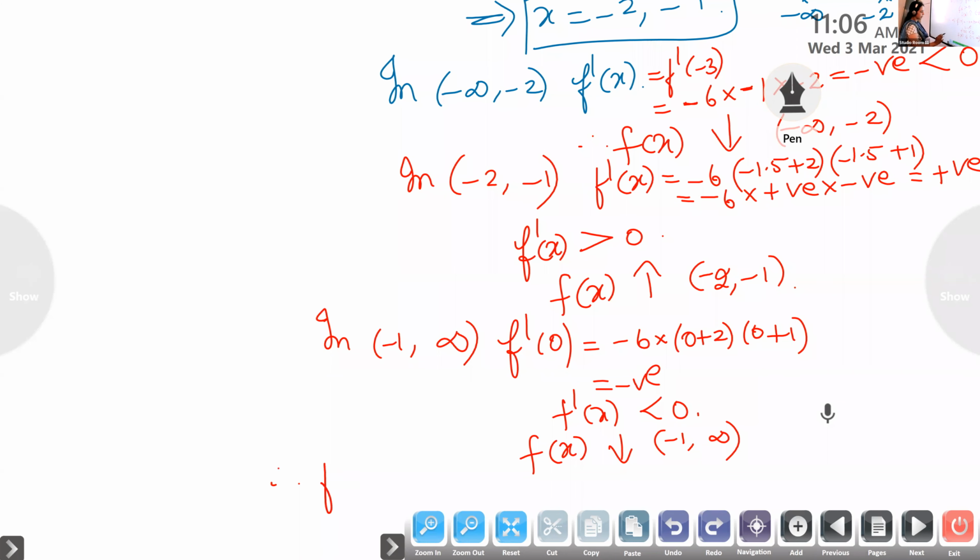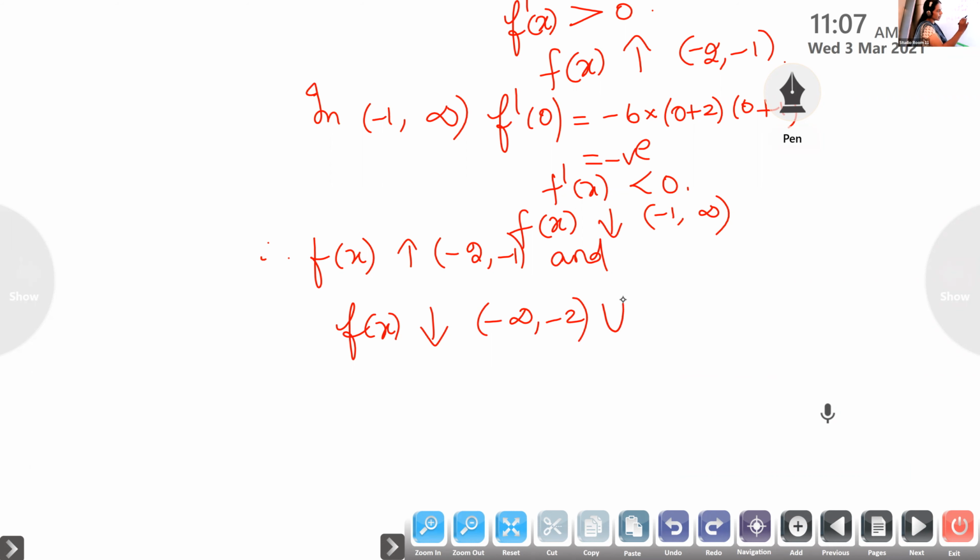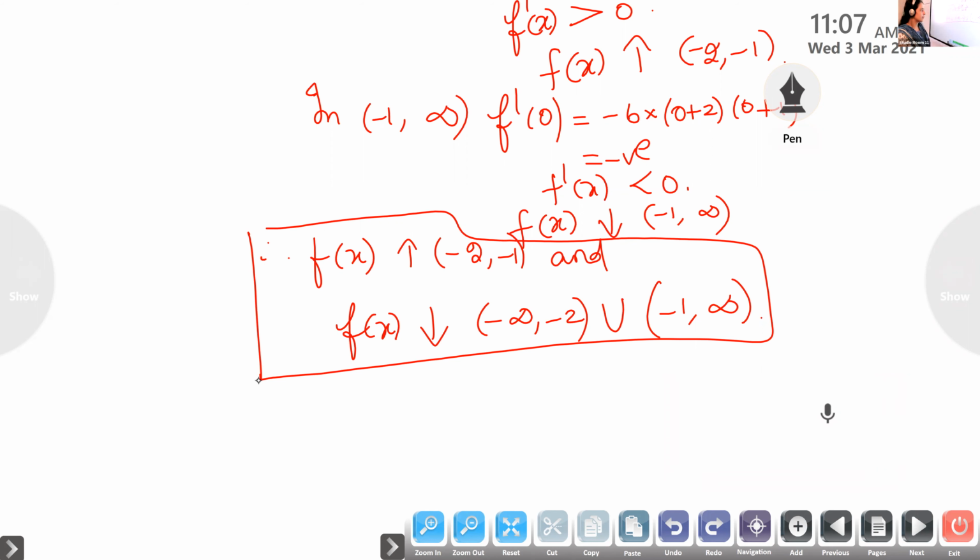So combining this, we can write f of x increases in the interval minus 2 to minus 1 and f of x decreases in the interval minus infinity to minus 2 union minus 1 to infinity.